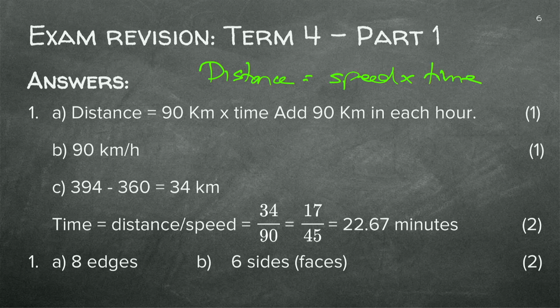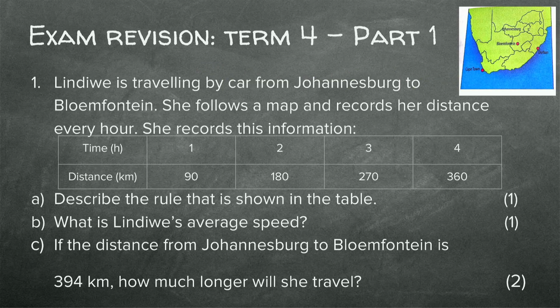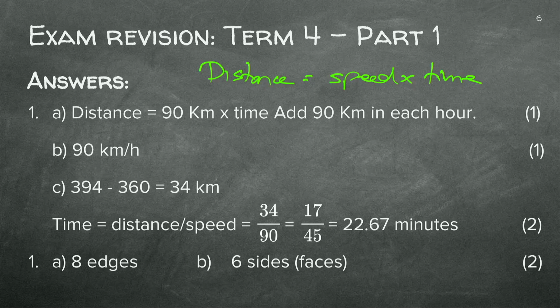Okay, so they are telling us that Lindiwe is traveling 90 kilometers per hour. So because we can see in the first hour she traveled 90 kilometers, the formula is distance is speed times time, and she traveled 90 kilometers an hour.